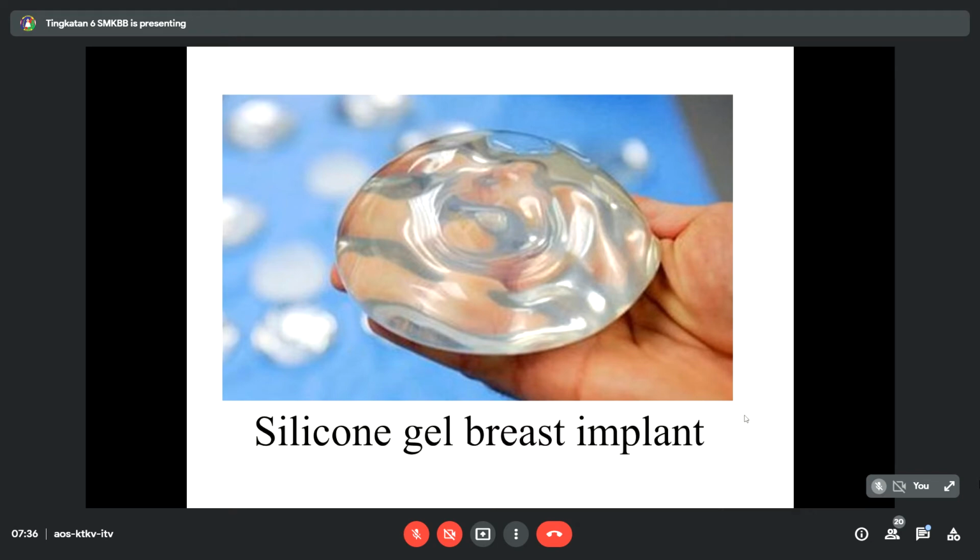Another choice is they cut flesh from another part of your own body and fill in there. But still, the size may not be as you wish. So sometimes a breast implant would be one of the suggestions. So you can make use of silicone gel because it is non-toxic.